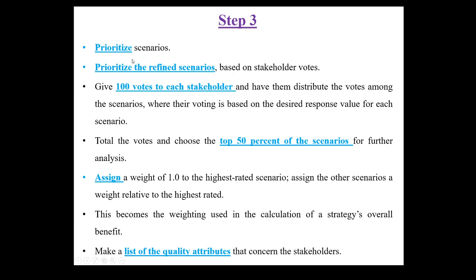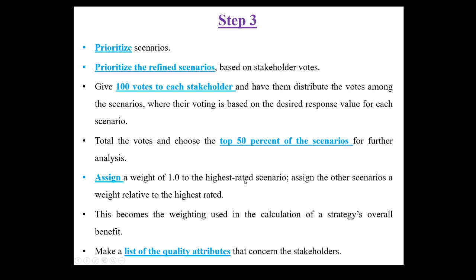Prioritize scenarios. It has to be ordered. Prioritizing and refining the scenarios are based on the stakeholders' votes. Each stakeholder gets 100% of the votes, and they have to distribute the votes among all the scenarios, and the voting is based on the desired response value for each scenario. Total the votes and choose the top 50% of the scenarios for further analysis.